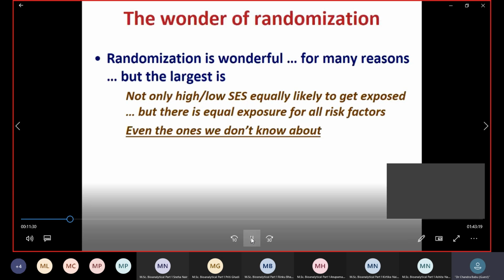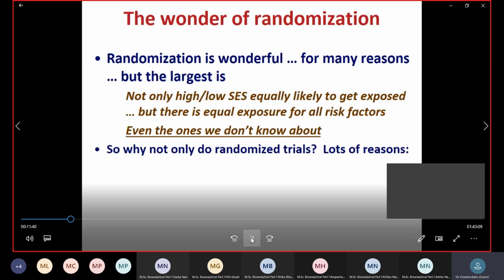It fixes the confounders for factors that you're not even aware of yet. I've forgotten what I'm doing next. But anyway, the cool thing about randomization is that it does it for both the ones you know about and the ones you don't know about.